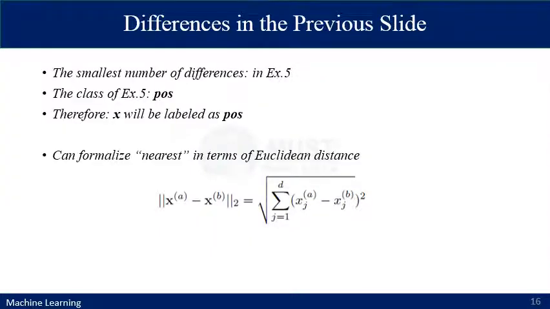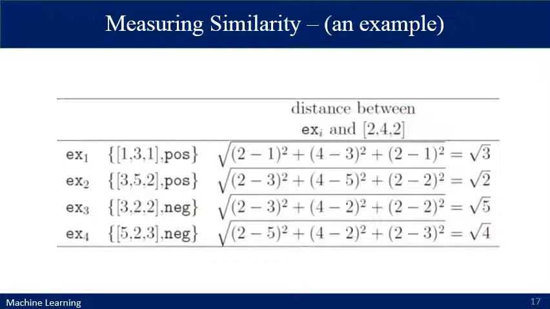In the previous example, you counted the number of differences. However, you can formalize the nearest in terms of Euclidean distance as well. So here is the formula to calculate the distance between two points or two examples. This is the working of the Euclidean formula described in the previous example. We have one example to classify, which is provided with the three attributes 2, 4, 2, and we want to predict the output.